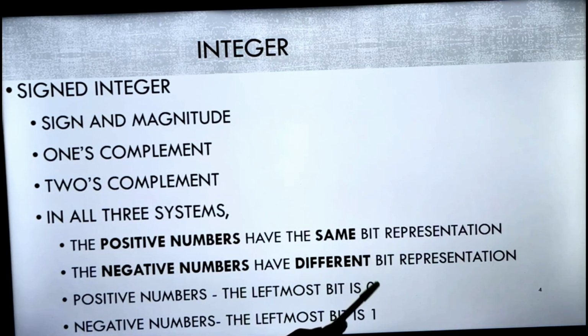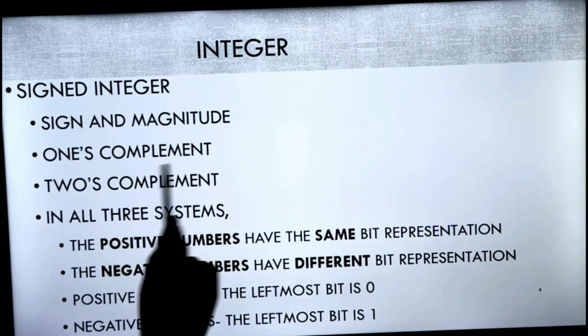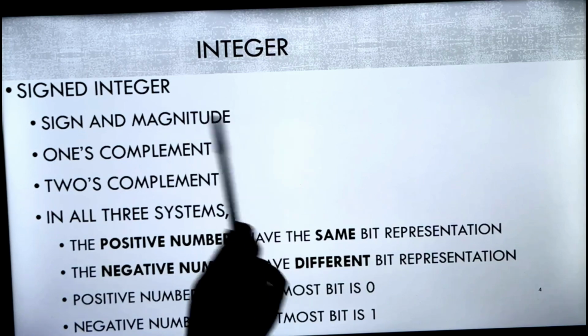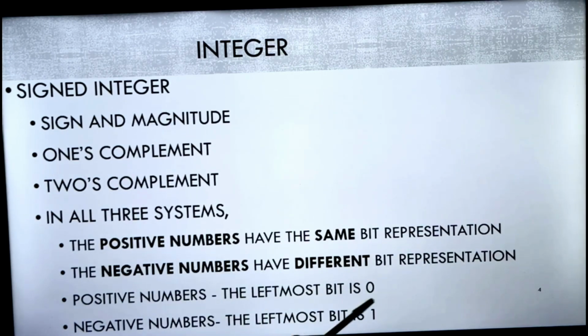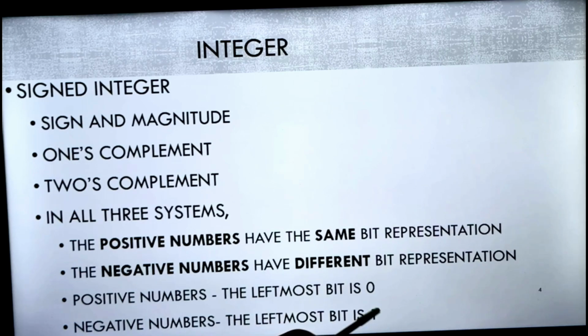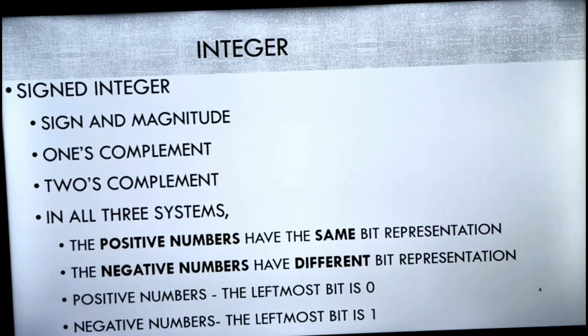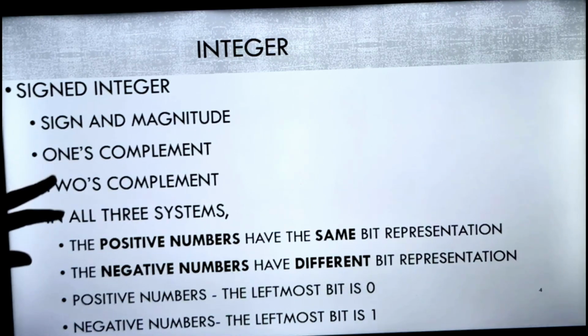So you have to remember these two points. It can be in any representation, sign and magnitude, ones complement, twos complement, but these things are common. If it's starting with 0, sure shot it's a positive number. If it's starting with 1, then sure shot it's a negative number. We have to note this point. Fine. Next we'll see one by one about all these techniques.